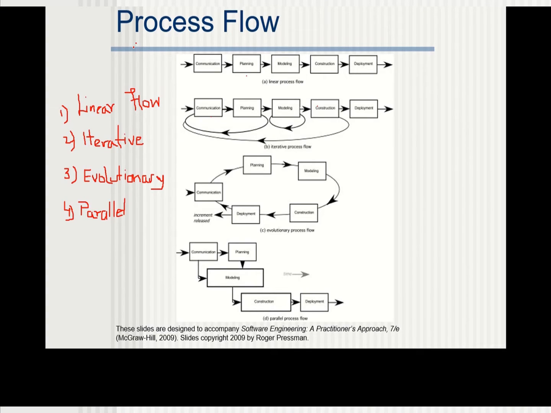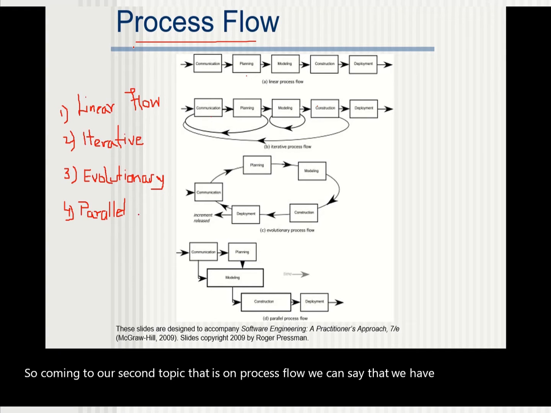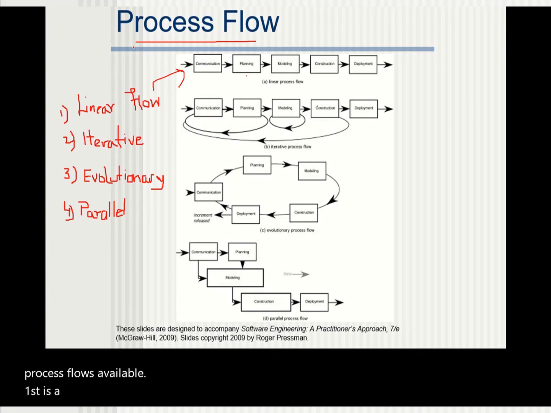So coming to our second topic, that is process flow, we can say that we have 4 basic process flows available. First is a linear flow, second one is iterative flow, the third is evolutionary flow, and the fourth one is parallel flow.